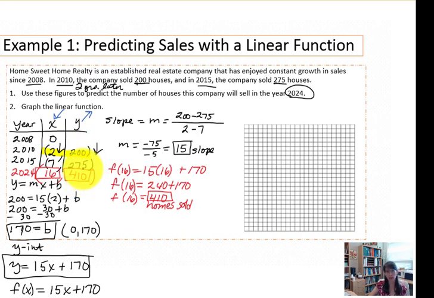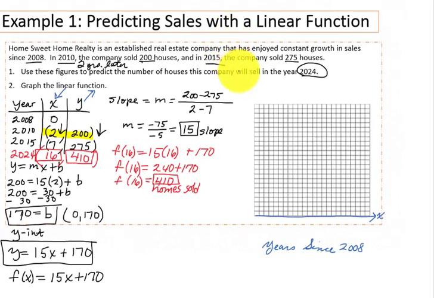Again, only positive or 0 would make sense. So we can use the very edges of our graph. X would be years since 2008, and our other axis is going to be f of x, which represents the number of houses sold.